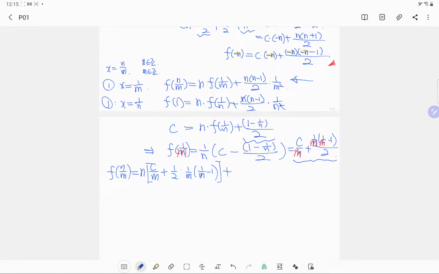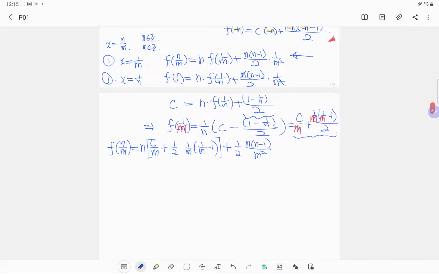And then plus 1/2, so let me see, (n minus 1) all over m squared. So we can just make some simplification.